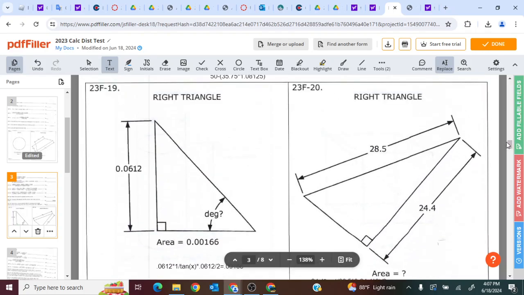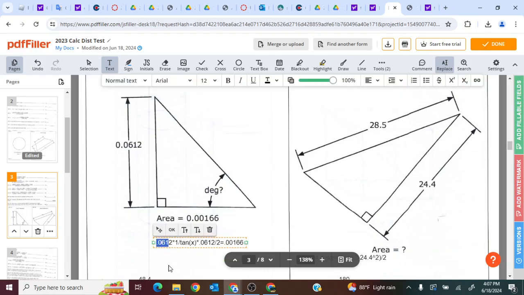Okay, 19, right triangle, it gives you the area. Basically, what we're looking for is the area of a triangle, which is the height times the width, divided by 2. So the height in this scenario is 0.0612, and the width is cotangent of this angle multiplied by this side, because cotangent is opposite over adjacent.